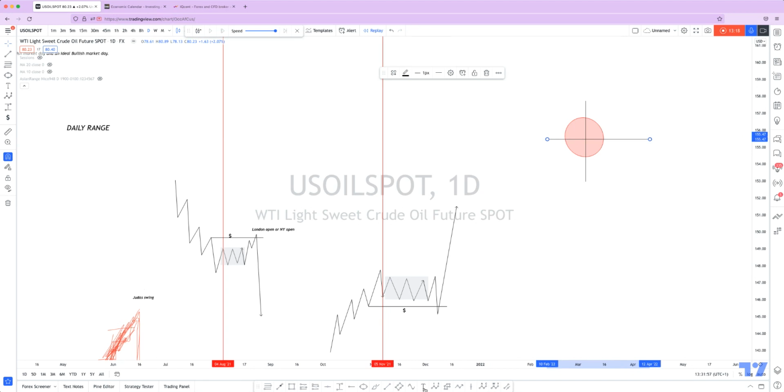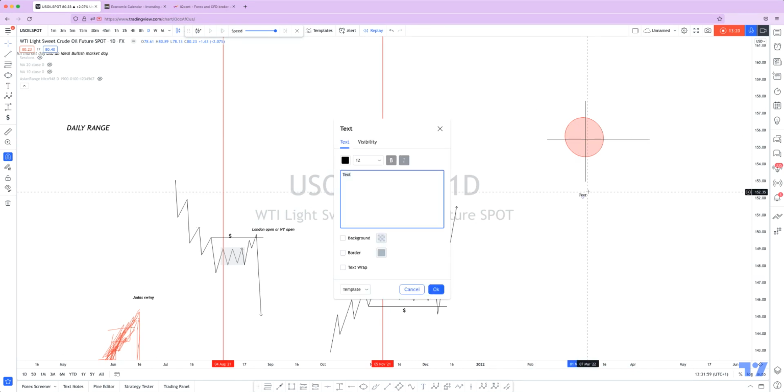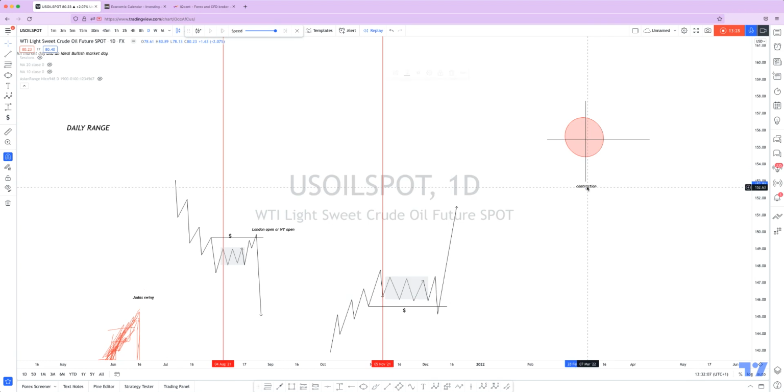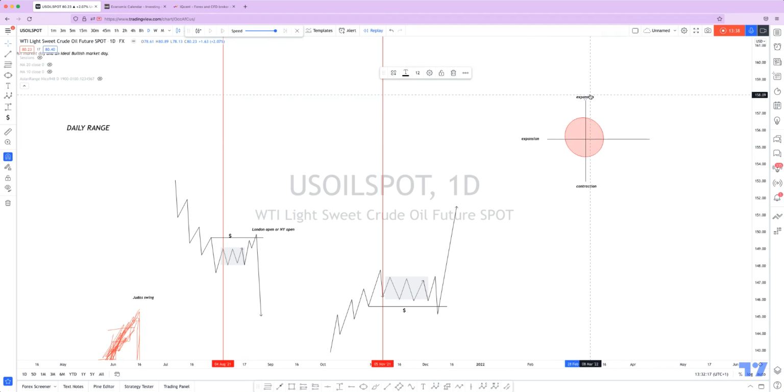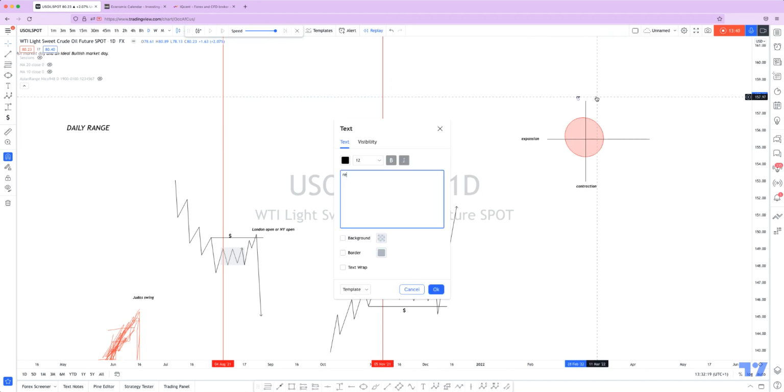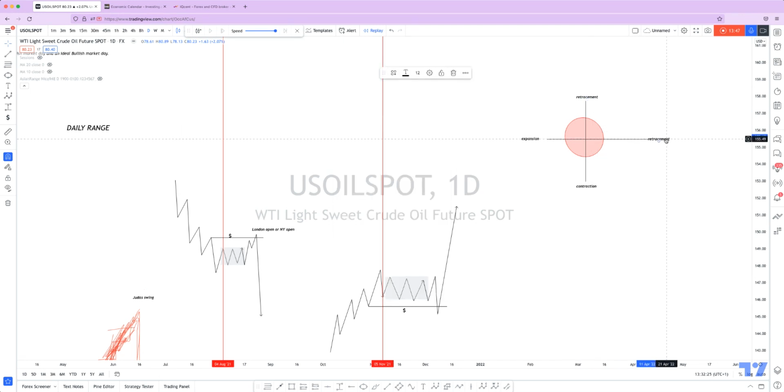In the IPDA, we have the contraction, we have the expansion, we have the retracement, and then reversal.